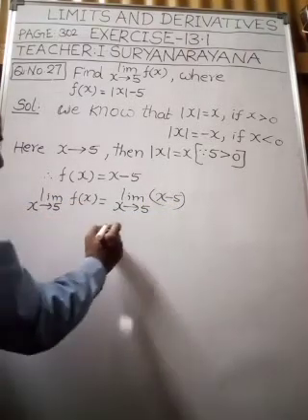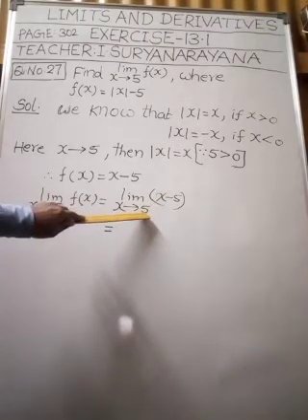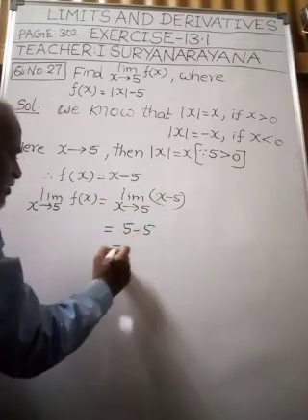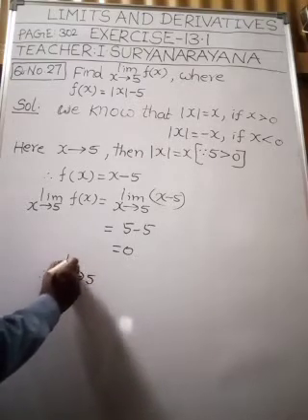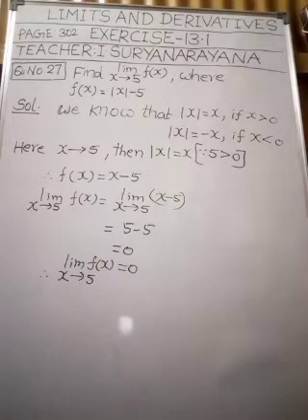In the place of x, we substitute x equal to 5, because x is approaching 5. So 5 minus 5 is equal to 0. Therefore, as x tends to 5, limit of f of x is equal to 0. Understood?